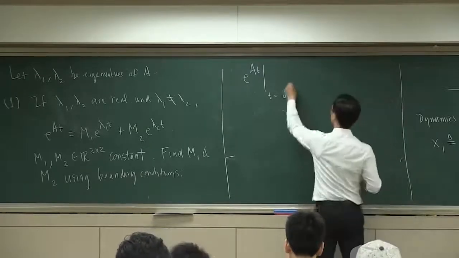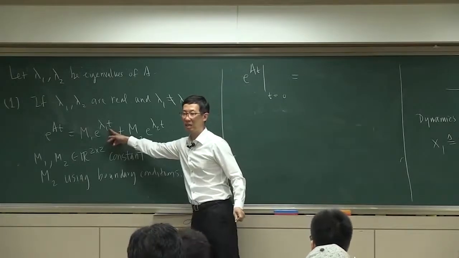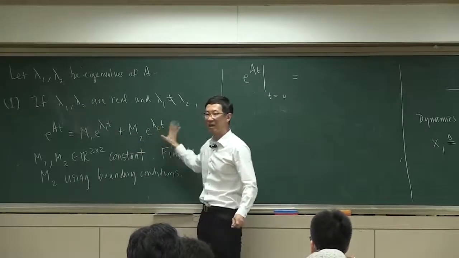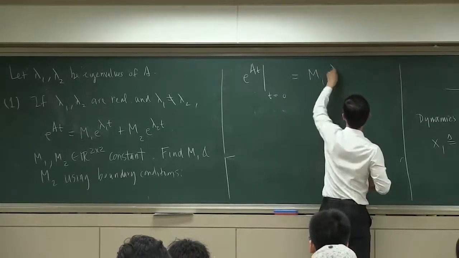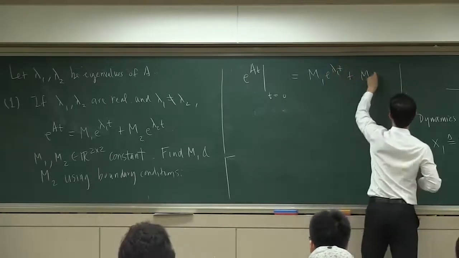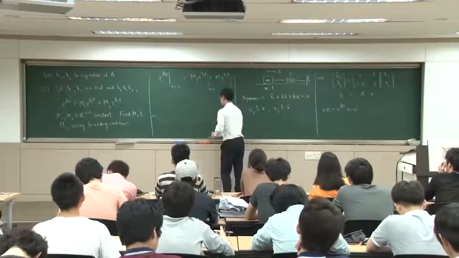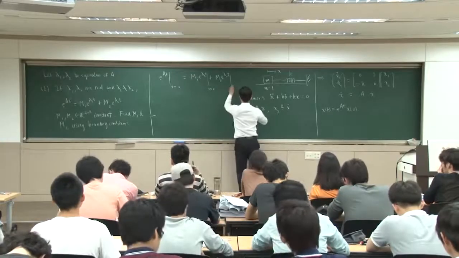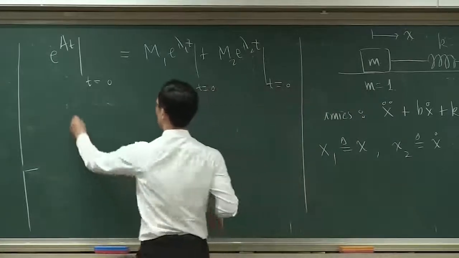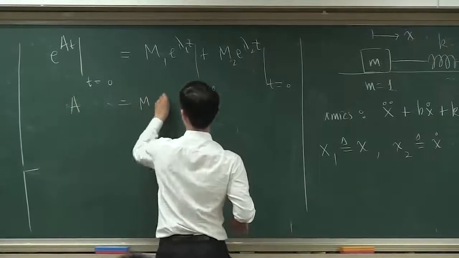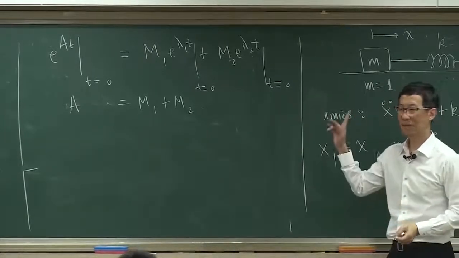This should equal M1 e to the lambda 1 t plus M2 e to the lambda 2 t, all evaluated at t equals 0. So straightforwardly, I equals M1 plus M2. So there's one boundary condition.